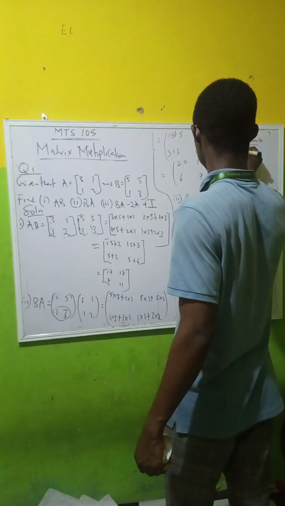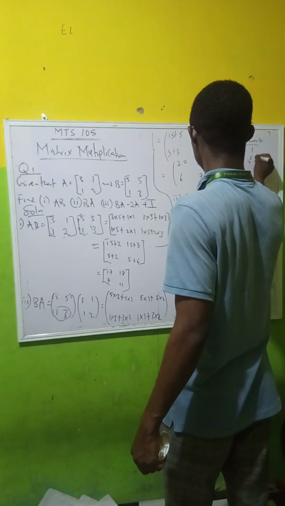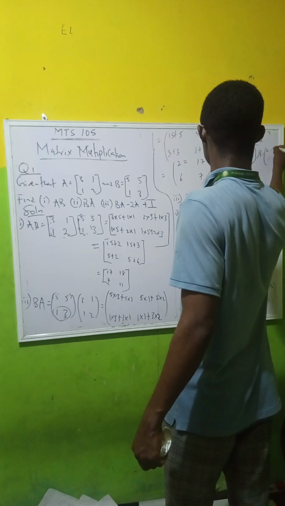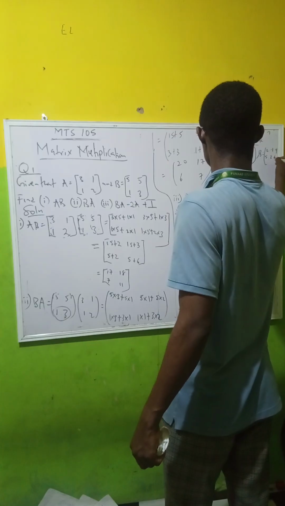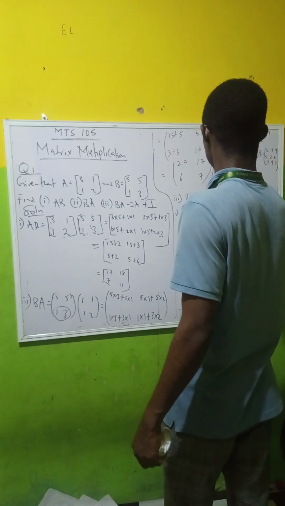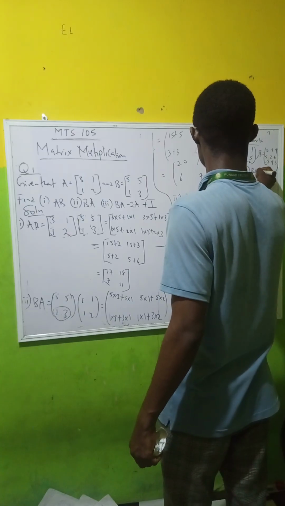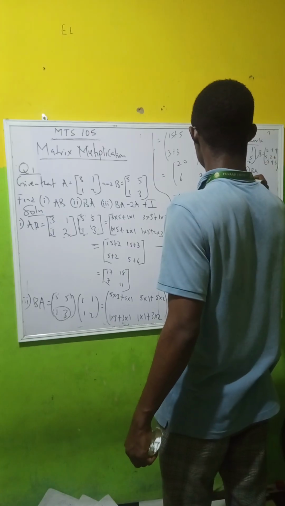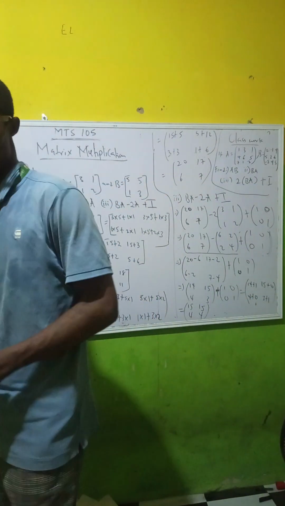If A is equals to 1, 3, 1, 4, 6, 5, 7, 1, 2, and B is equals to 2 minus 1, 4, 5, 3, 6, and minus 2, 4, 5. Find AB, BA, and 2BA plus I.